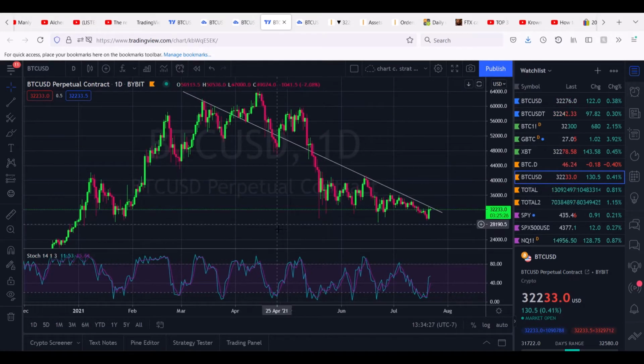And if you like triangles, if you like doing the pattern thing, I believe this is the one that breaks to the downside. I think they call it a descending triangle. From what I understand, if the horizontal is at the bottom, it has a high chance of breaking down.